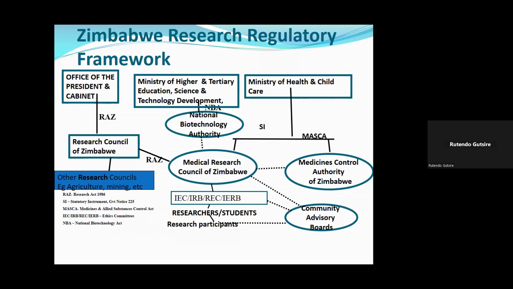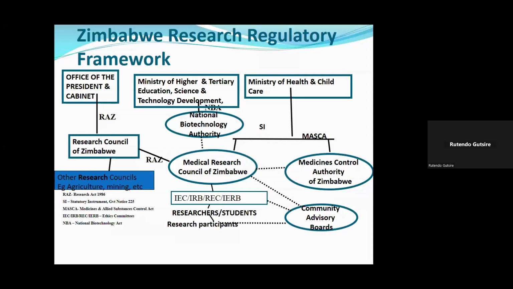You can be asking people about their experiences with the COVID vaccine. Simple questionnaires. But since you are going to be dealing with human beings, you need that clearance, because otherwise you might ask them harmful questions and they go and kill themselves. So the ethics committee has to look at your protocol before you go out in the field.